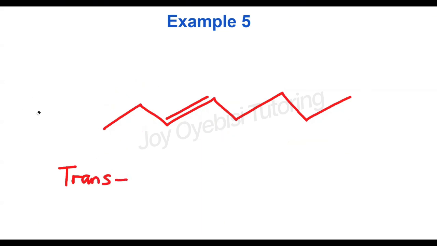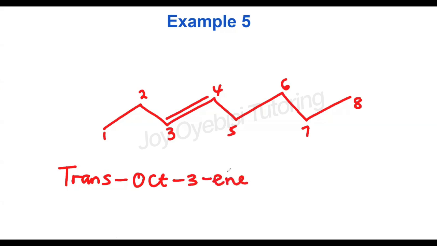So we have 1, 2, 3, 4, 5, 6, 7, 8. Now, I counted from the side that gives the double bond a lower number. So the name of this compound would then be trans. 8 is oct. And then it starts from 3 as well. And that would just be trans-oct-3-ene. Okay? Trans-oct-3-ene. And that's how you can do the cis and trans naming.